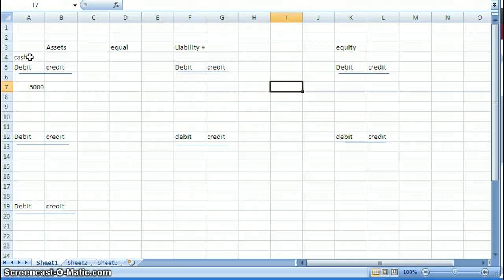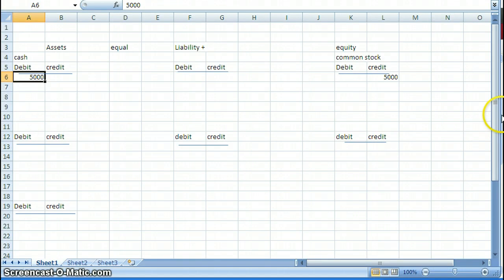So if we look at the equity section, and we call it common stock, we're going to put it under credit, $5,000. Therefore, our transaction stays in balance. Debits equal credits. Always keep that in mind.